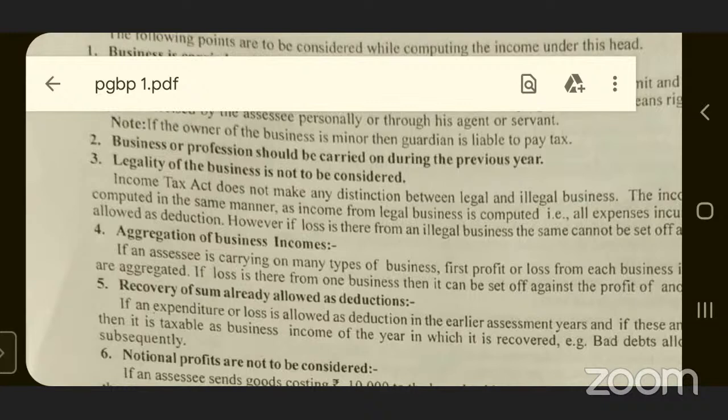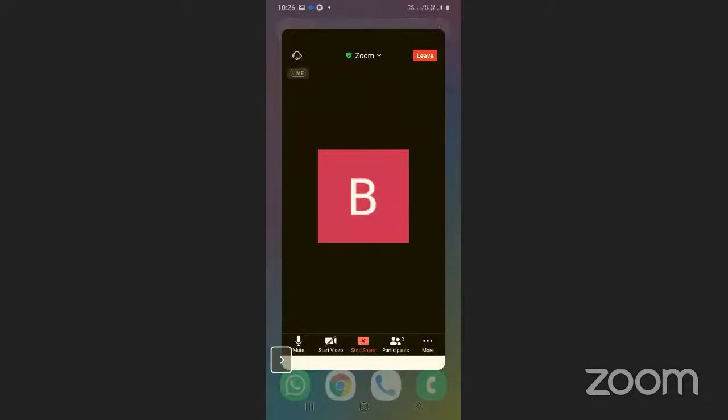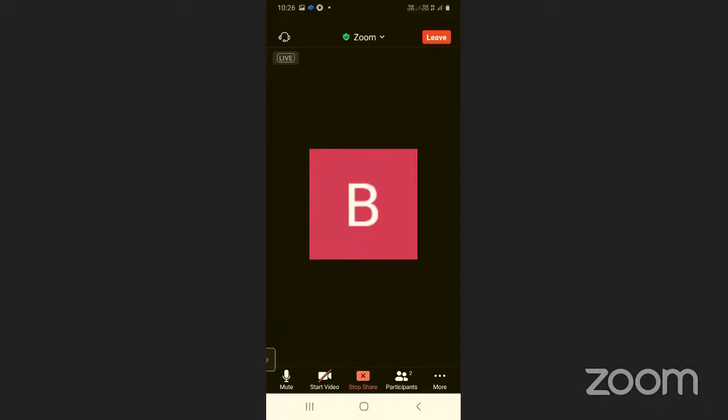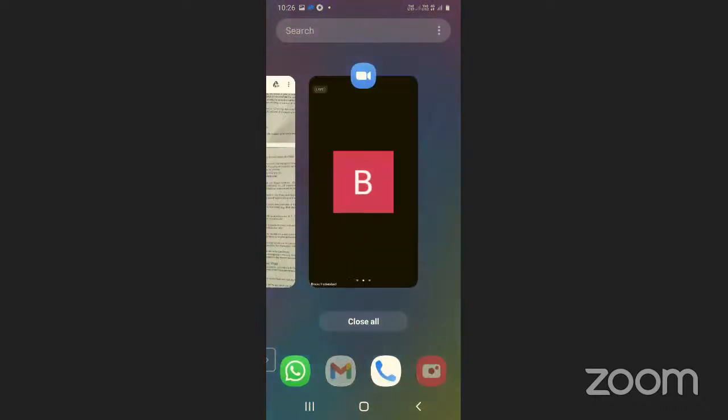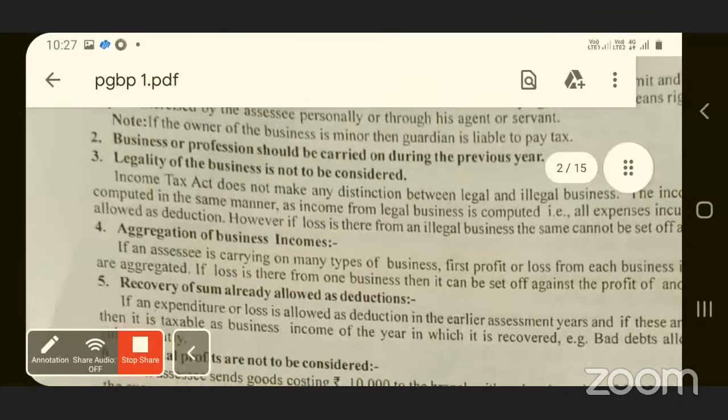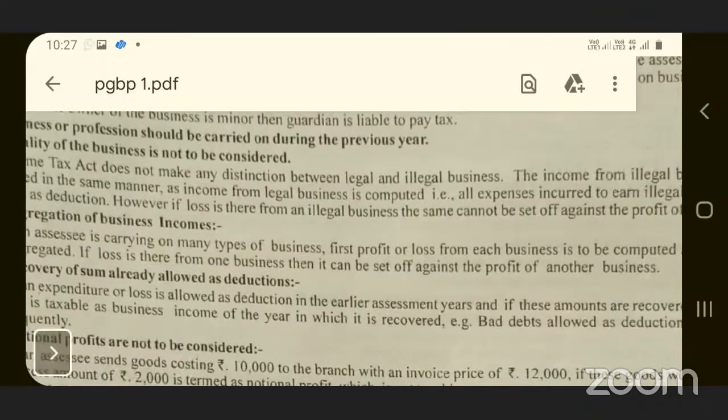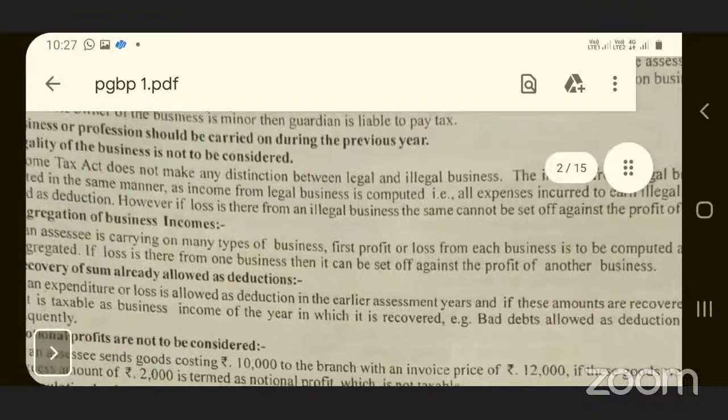Next one is aggregation of business incomes. For example, if any assessee is carrying on multiple businesses, then all the profits need to be summed up. Aggregation is going to take place. So first, profit or loss from each business is to be computed.